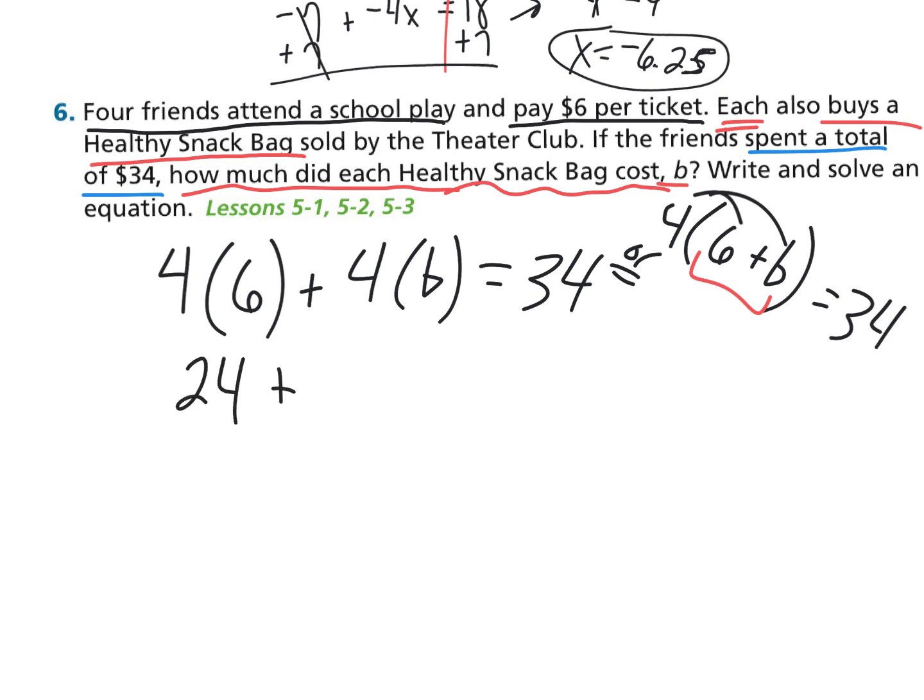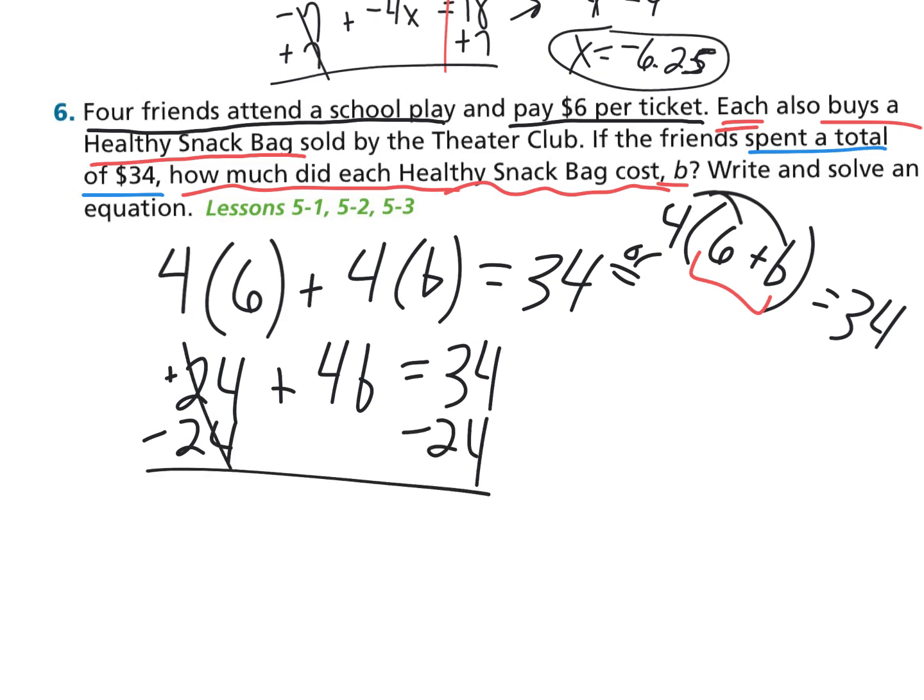So if you multiply these, and then they're adding, or it's a positive 24, so we need to subtract 24 to get that to cancel. And then they're multiplying by 4, so we need to divide by 4.